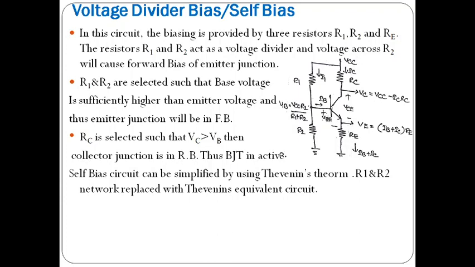At this point we consider it as VB. This VB must be greater than VE, then only the emitter junction is forward biased. So VB equals VCC into R2 by R1 plus R2. Here the total voltage is divided across R1 and R2, which is why it is called the voltage divider bias circuit.